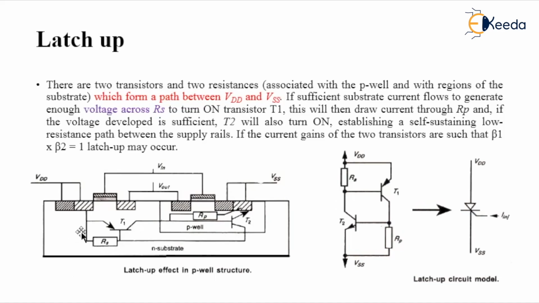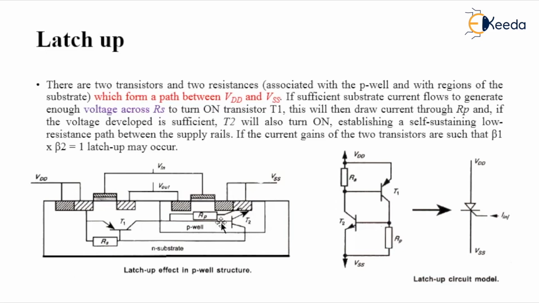If there is a sufficient substrate current, that current is multiplied with resistance RS, so there will be a voltage drop across it. This RS will turn on transistor T1, so total short circuit, and that current will flow to RP. There will be a current flow through RP, which in turn will turn on transistor T2 also. Thereby, a low resistance path is generated between VDD and VSS.